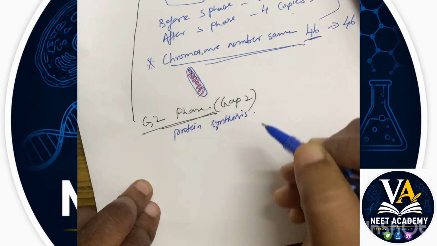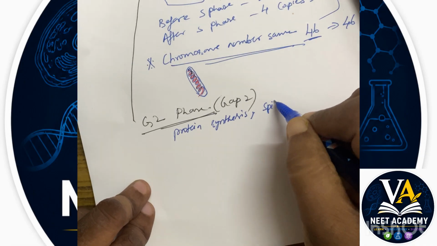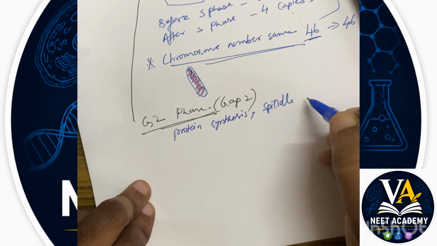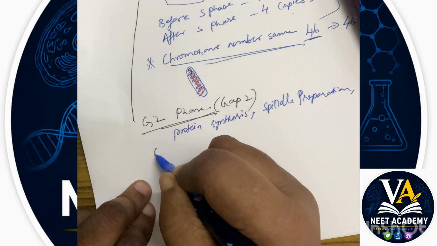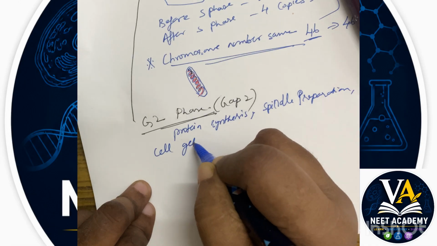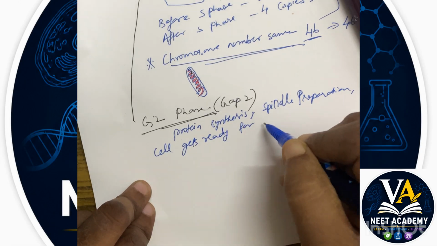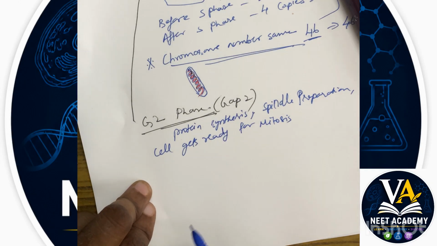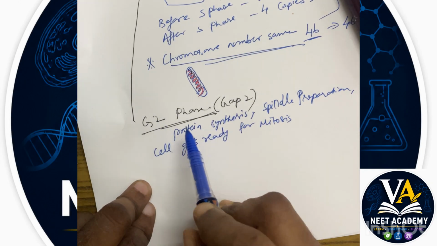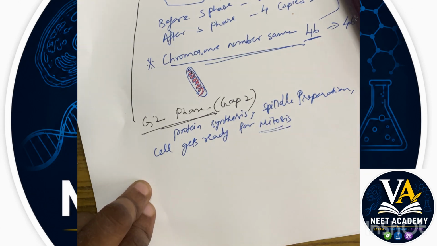Spindle preparation occurs. And then the cell gets ready for mitosis, that is cell division. So basically in the G2 phase the cell is preparing itself to enter into the M phase.